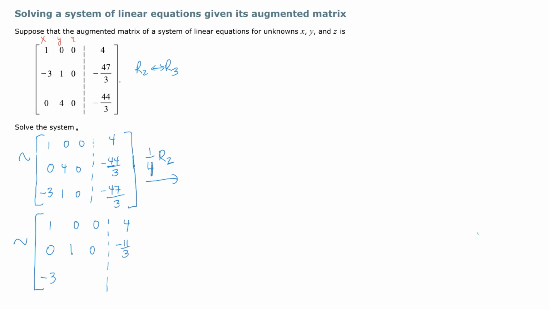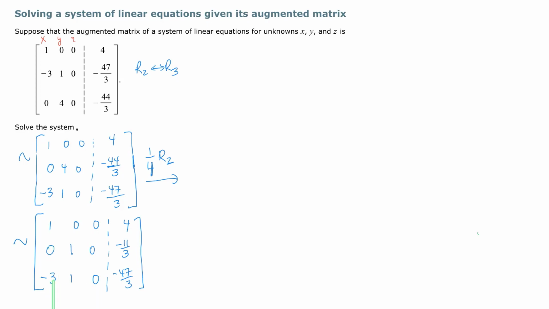And then we have negative 3, 1, and 0, and negative 47 thirds. Now that is strange. If you look at this carefully, this third column has a column of zeros, and that is very unusual.